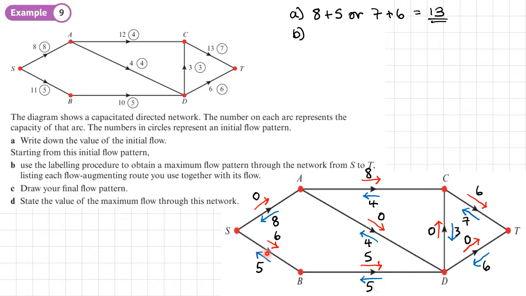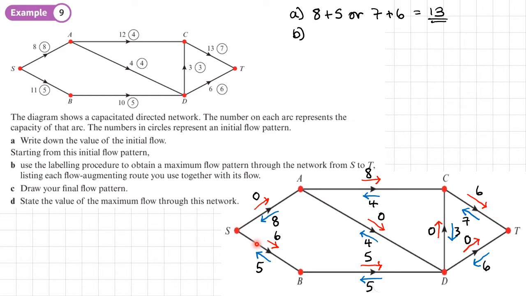But remember, you can go backwards along arcs. Now if we go backwards along this one, we treat this like a forward arrow and this like a reverse arrow. So I've got 6, 5, I can increase by 4, 8 and 6.